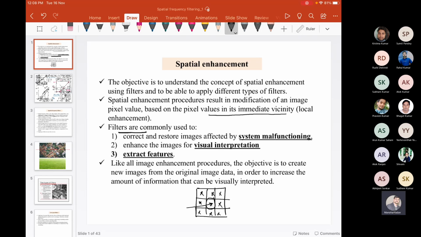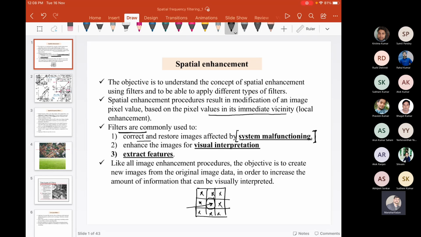It is further used to correct and restore images affected by system malfunctioning. Let's say during image acquisition, for a particular moment, the CCD is corrupted.